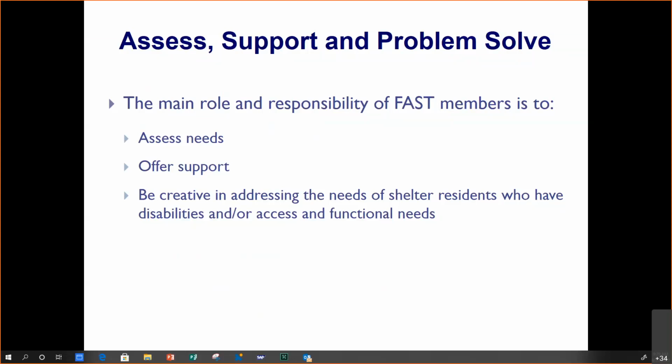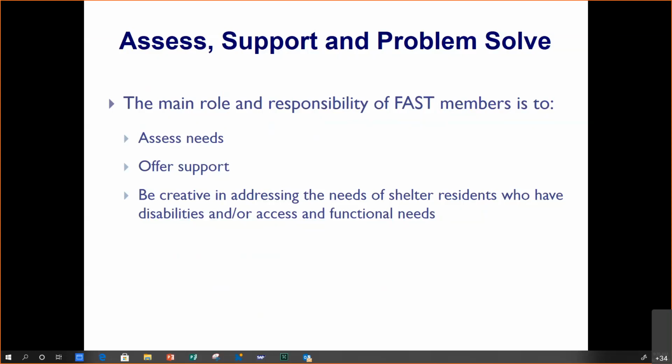Offer support. Again, it's a wide variety of support, and Lauren will discuss assessing and offering support techniques later on in this section. But sometimes you're going to have to be creative. These are not always the ideal circumstances or situations, and so you may have to be creative in your problem solving on how to help each individual, since everyone's unique.